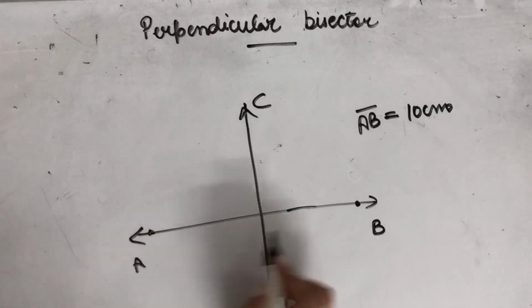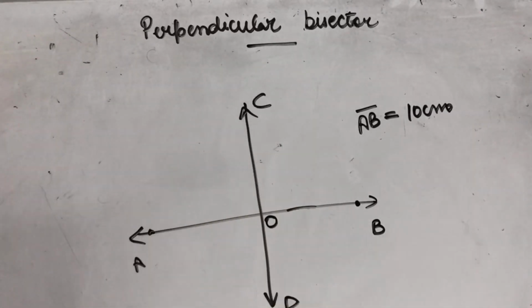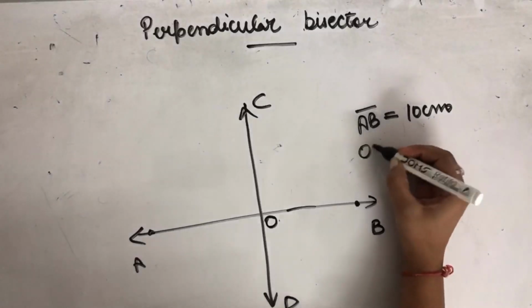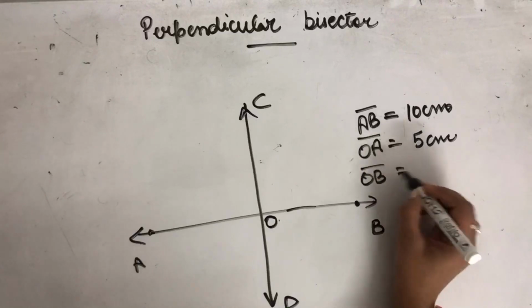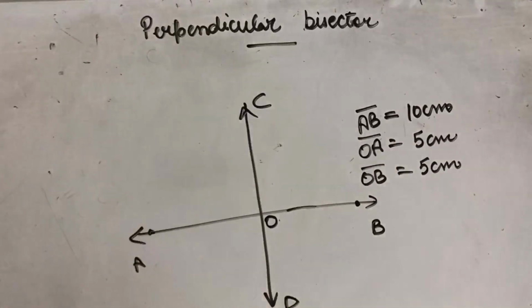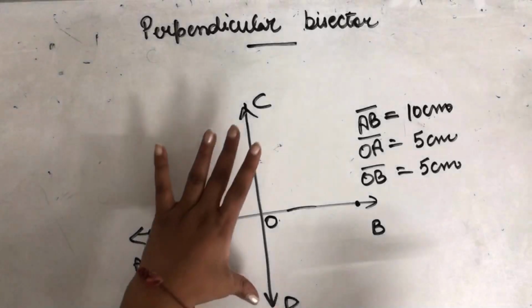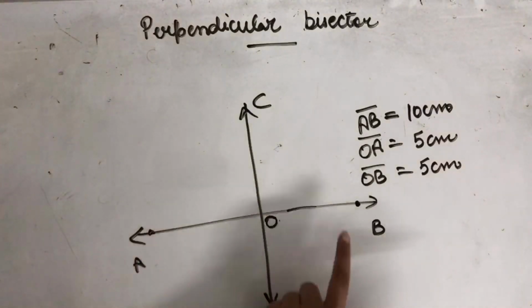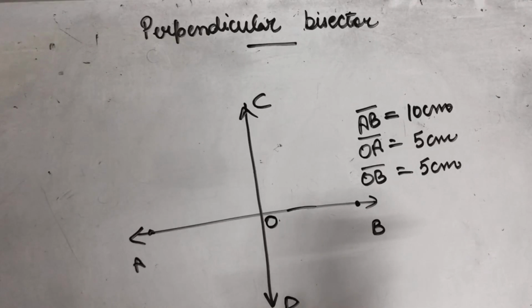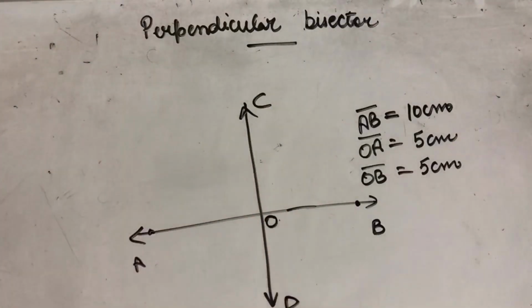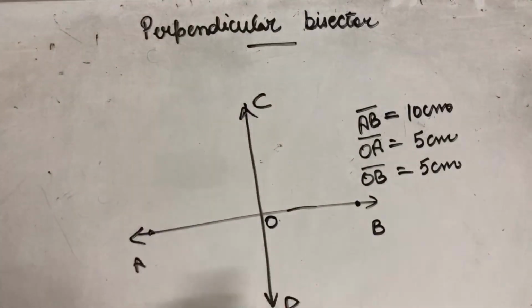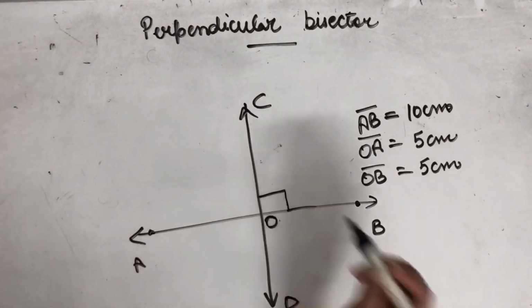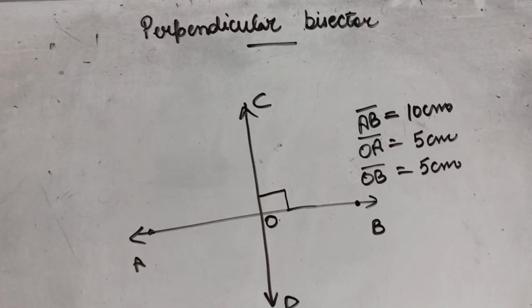So it means if this point of intersection is O, then OA should be equal to 5 centimeter and OB should also be equal to 5 centimeter. So it means CD has divided this line segment into two equal parts. CD is known as bisector. Now, perpendicular bisector. If CD is also making an angle of 90 degree, then it is known as perpendicular bisector.